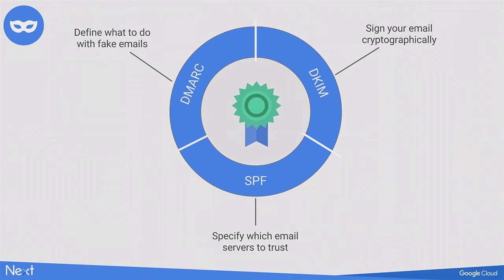All those standards take advantage of DNS records with the sender domain to publish security settings associated with the domain. We have SPF, which performs authentication by specifying what email servers to trust. DKIM, doing authentication using cryptographic signatures. And DMARC, which establishes a policy on how to deal with authentication failures.